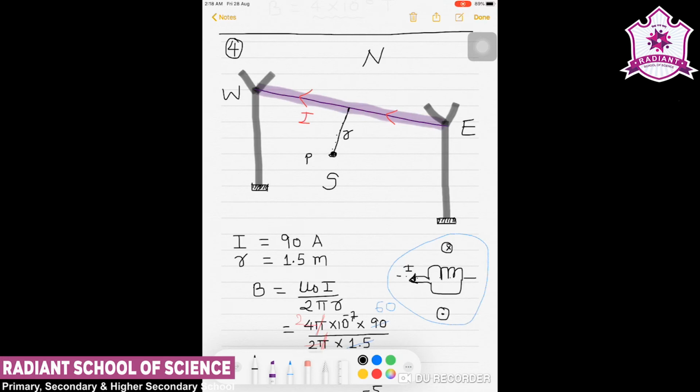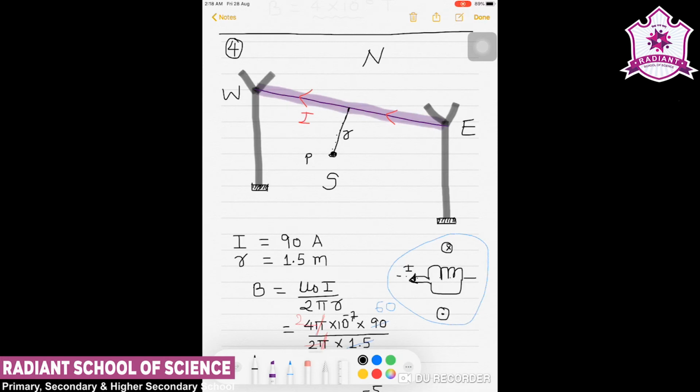So we are asked to find the direction of the magnetic field below the wire. So below the wire belongs to the south direction, and for the south direction it is coming out.